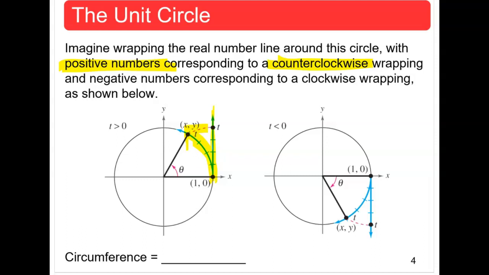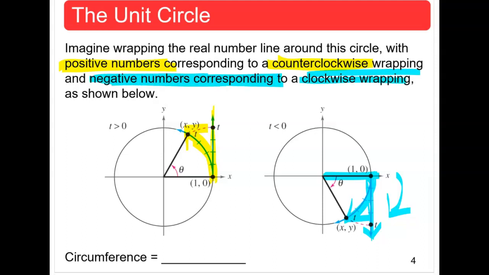And if we do the same with this line, wrapping it around the circle, now starting from the x-axis but in the clockwise direction, we will have negative numbers. And we did mention that in the previous video.